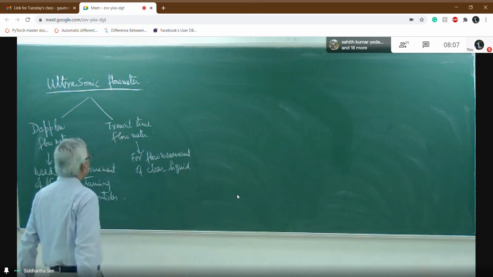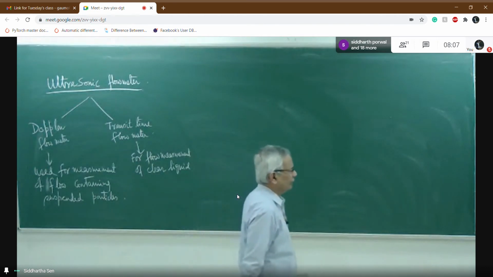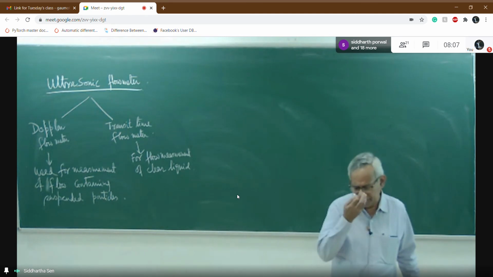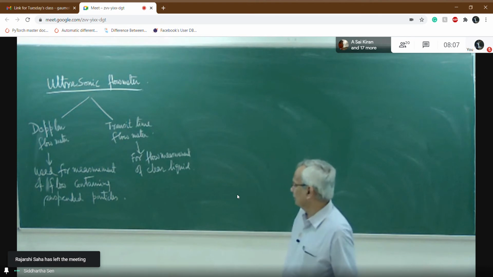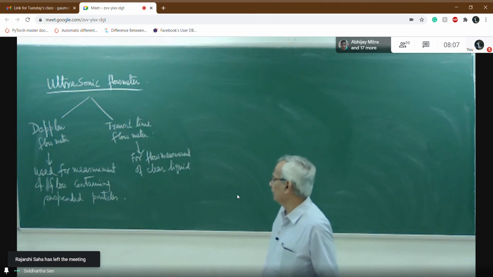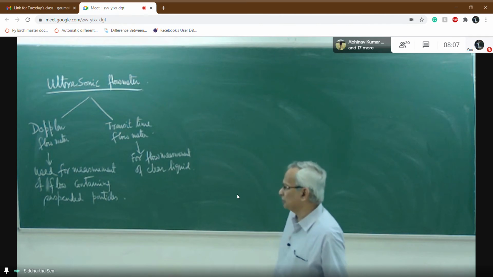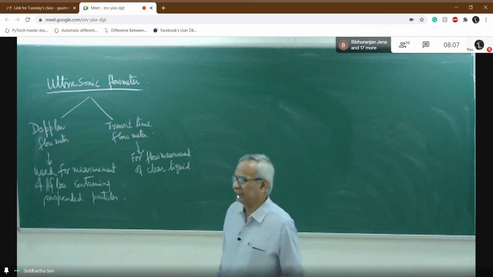So, for the transit time flow meter, if the medium is very clear, then we go for it. While for the Doppler type, if the flow contains some suspended particles, like slurry, we use that.